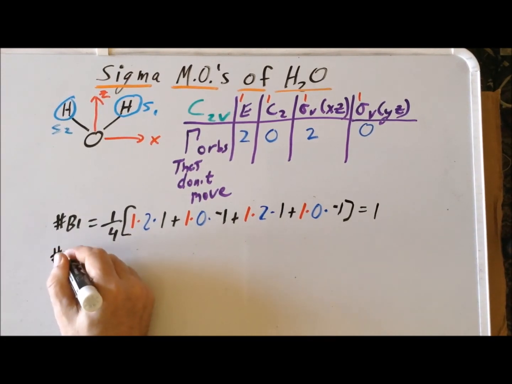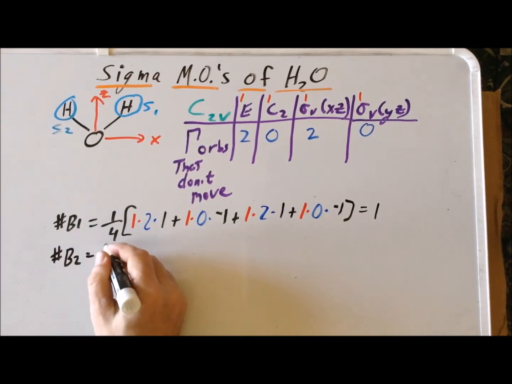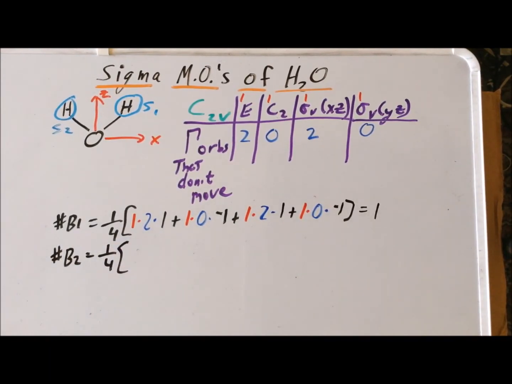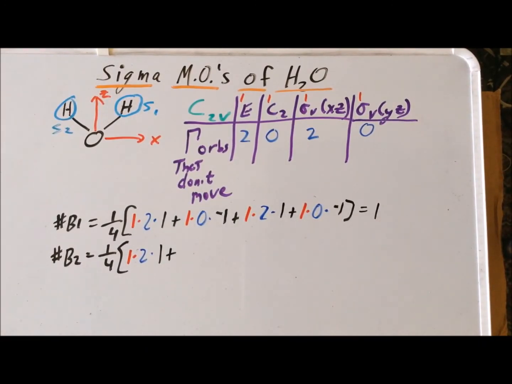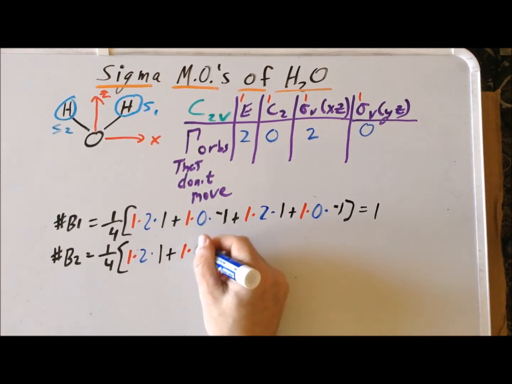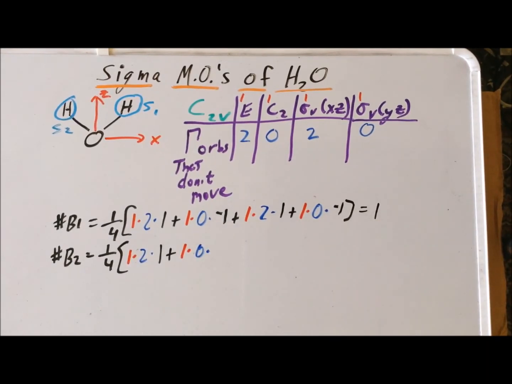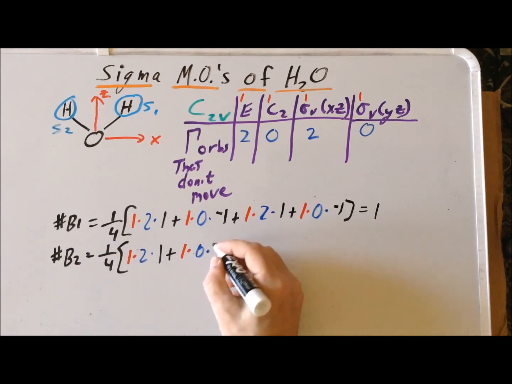Last but not least, our last irreducible representation is B2. And we will do this one relatively quickly. Recall that the first character is from the number of operations in the class. The character for the irreducible representation B2 is a +1. The character for B2 is -1 here.